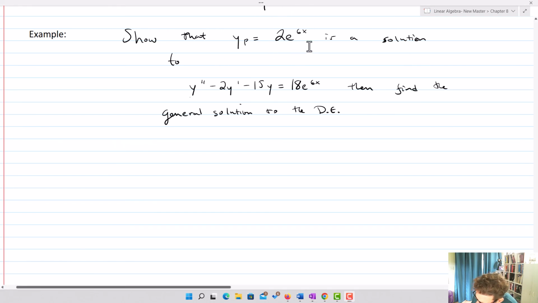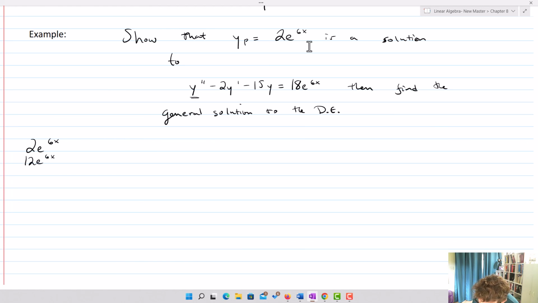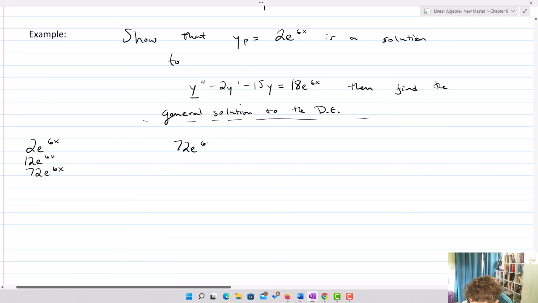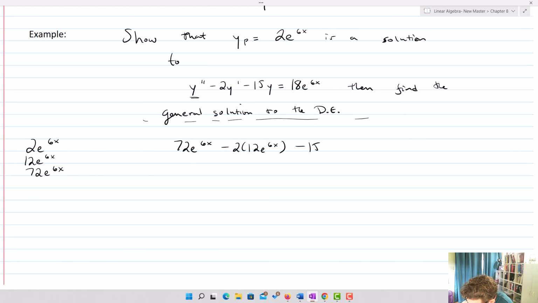I'm going to need a second derivative. So I've got 2e^(6x). The first derivative is going to be 12e^(6x), and the second derivative is going to be 72e^(6x). That's then going to be 72e^(6x) minus 2 times 12e^(6x) minus 15 times 2e^(6x).